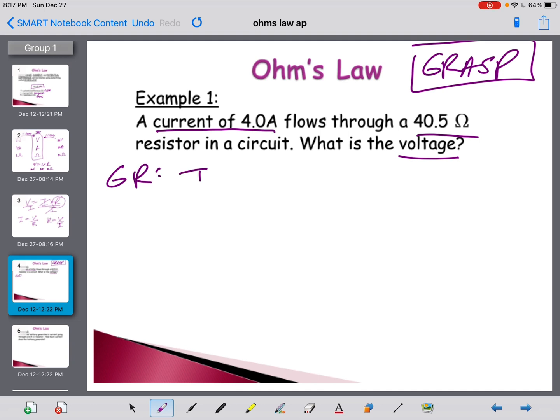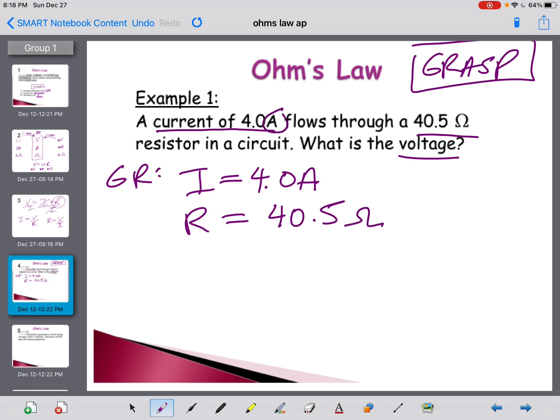So we're given current is 4.0 amps. We know resistance is 40.5 ohms. So remember, just by looking at the unit should indicate to you what the variable is. If you have amps, we know that that's current. If you have ohms, it's resistance. If it's volts, then we know we have potential difference.